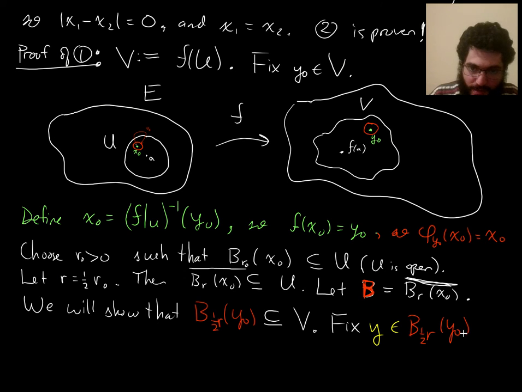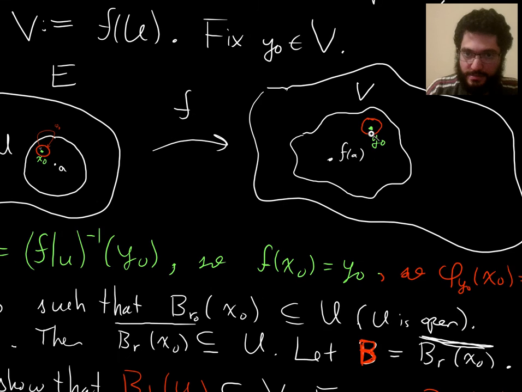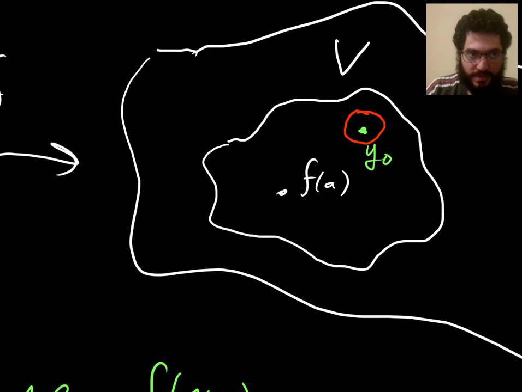So fix y in there, and then we'll try to show that y is in V. Want to show y is in V. Okay, so this y is some point that we fixed, some yellow point that we fixed in here.